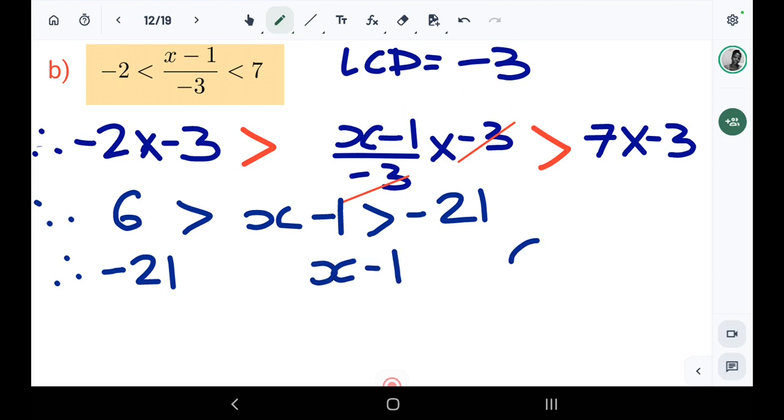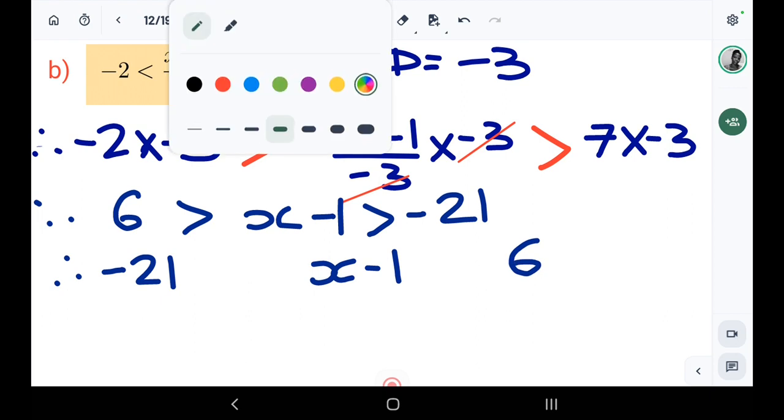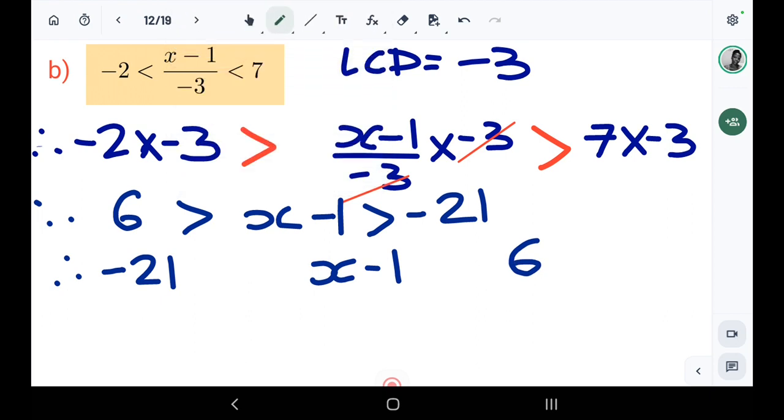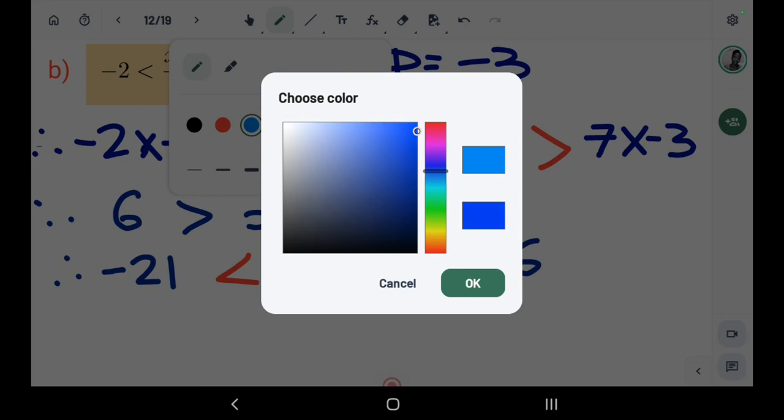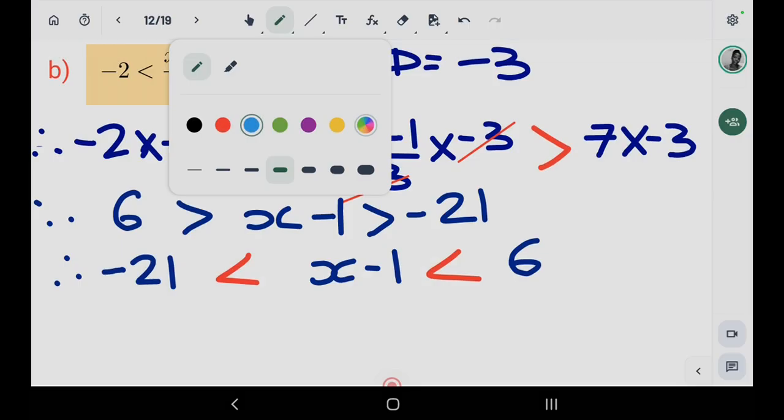But notice that when you do the swapping and changing around, you also change the inequalities back.